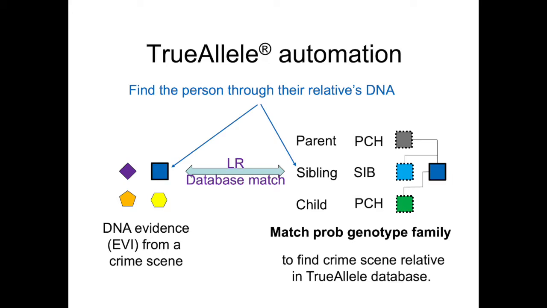The database matches the separated probabilistic genotype from the DNA mixture evidence with a probabilistic genotype from a family member on the enhanced DNA database, producing a positive likelihood ratio association. A relative of the crime scene person has now been found.